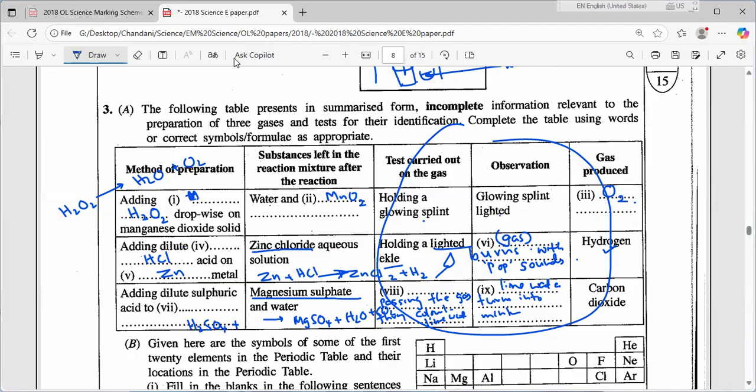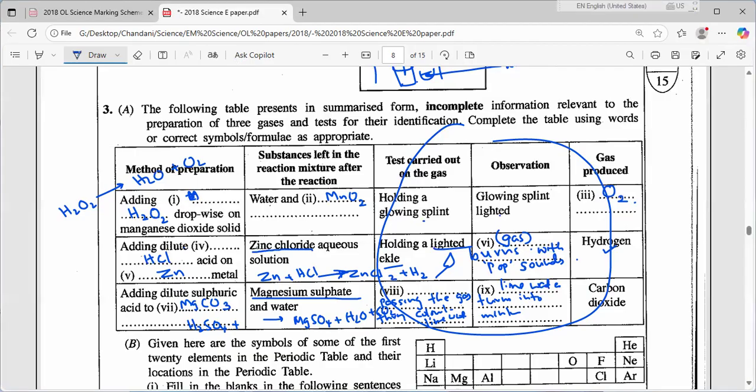To the sulfuric acid, what type of thing do we need to add? Here magnesium sulfate is there, right? So it is better to use magnesium carbonate, right? The magnesium carbonate and the sulfuric acid should be there.